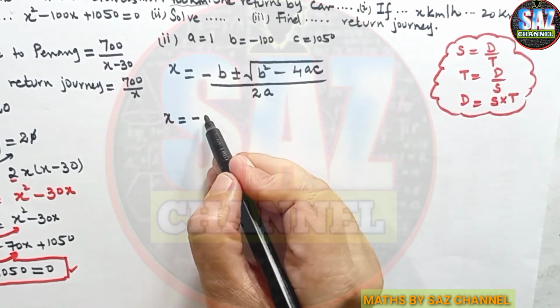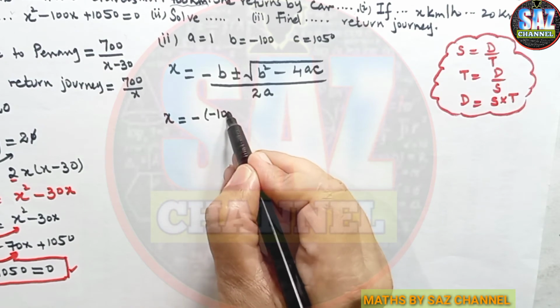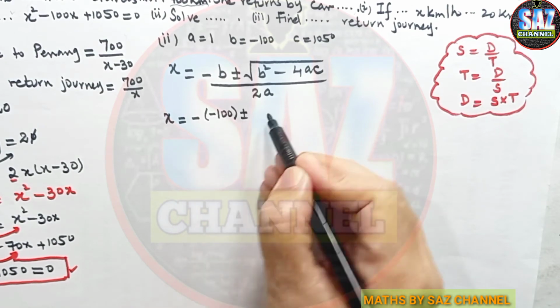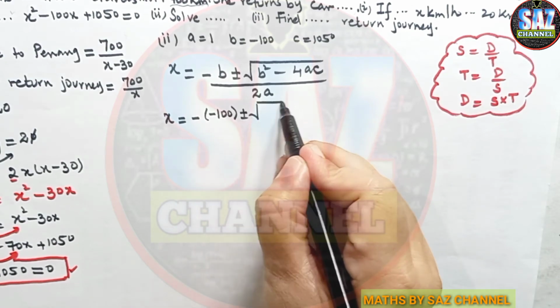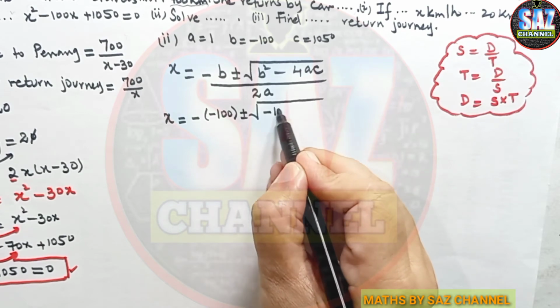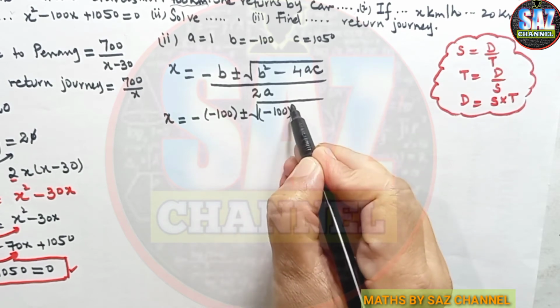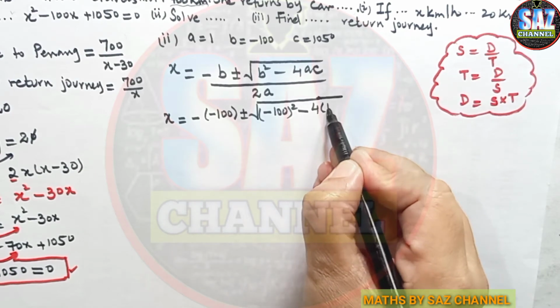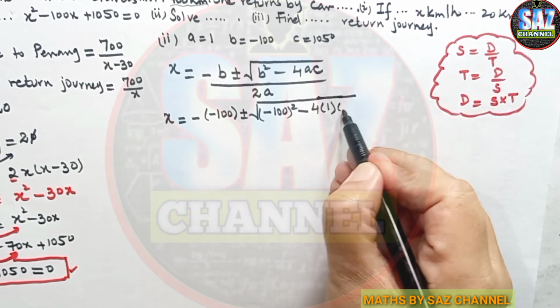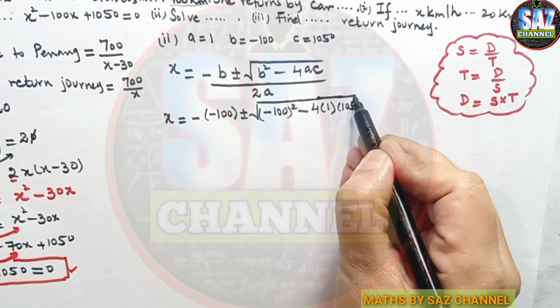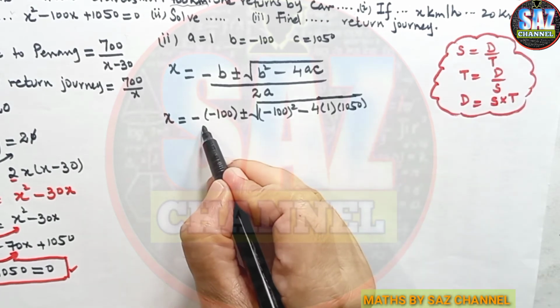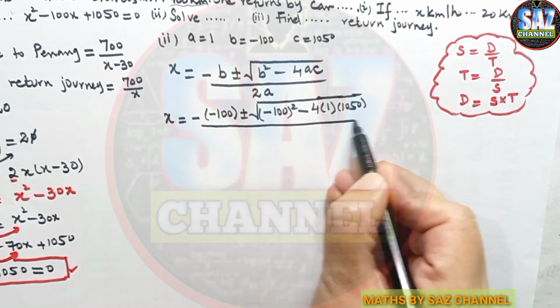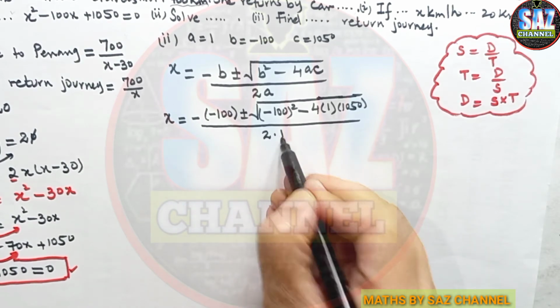Minus b is minus minus 100, plus minus the square root of b square, minus 100 square, minus 4, a is 1, c is 1050, and close the bracket, upon 2 into 1.